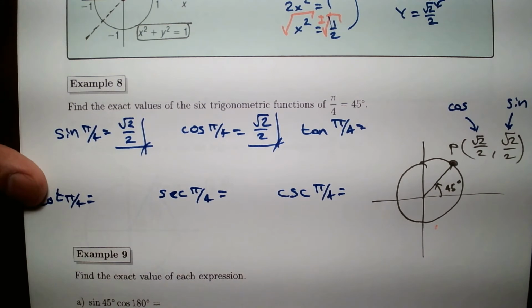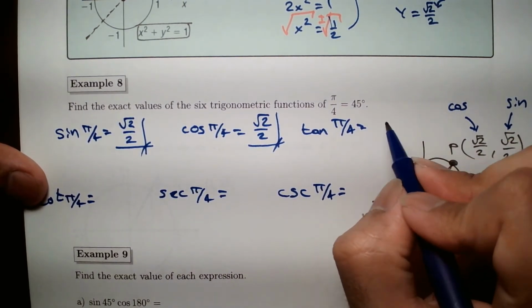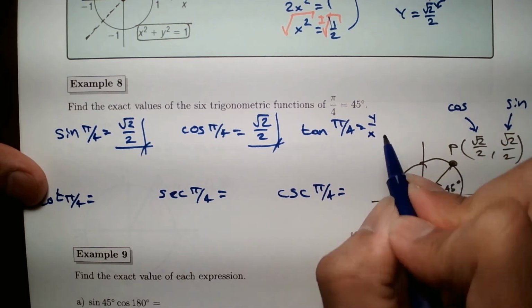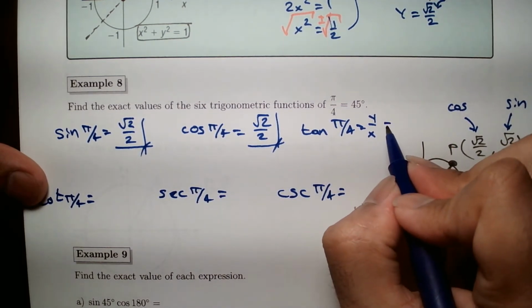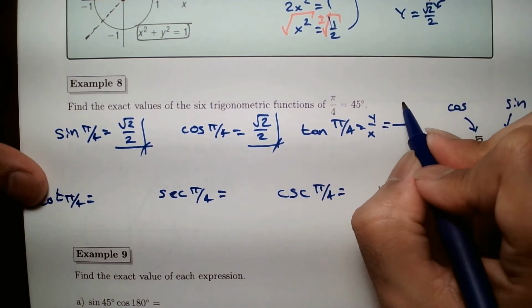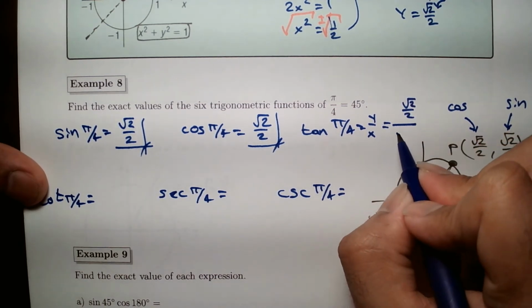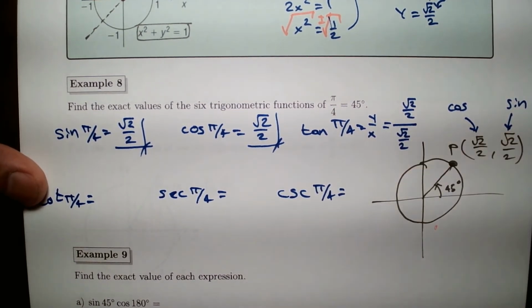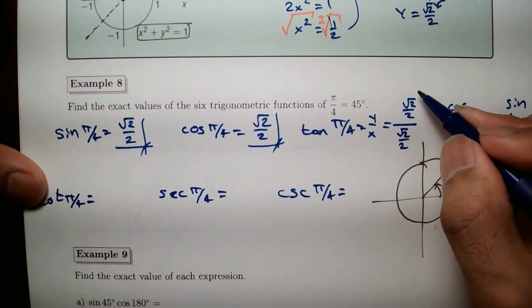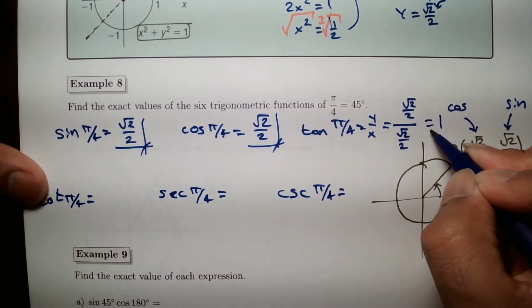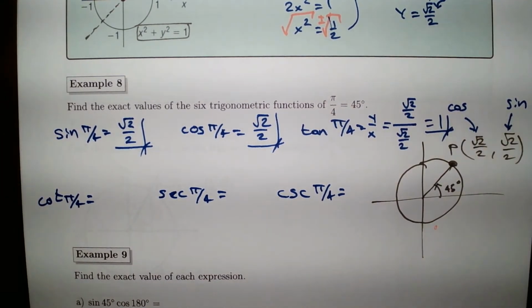Got it. All right. Tangent pi over 4. Tangent pi over 4 is y over x again. And in this case, root of 2 over 2 over root of 2 over 2. Well, essentially dividing a number by itself, they cancel to give us a 1.